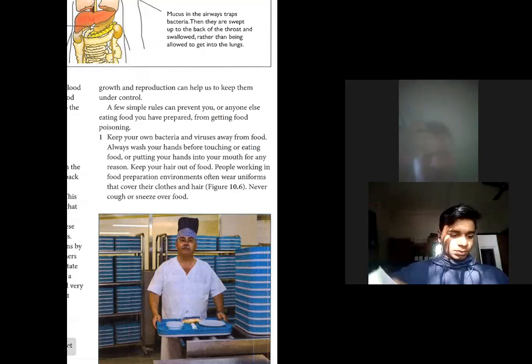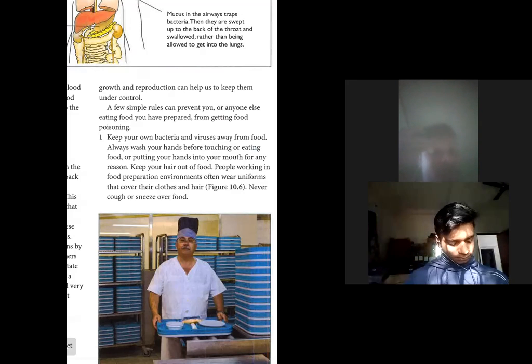It happens when we eat contaminated or infested food items, mainly street foods like pani puri, chaat, papri, or junk food and fast food. As Shagni said, contaminated means that it contains pathogens that will cause disease.